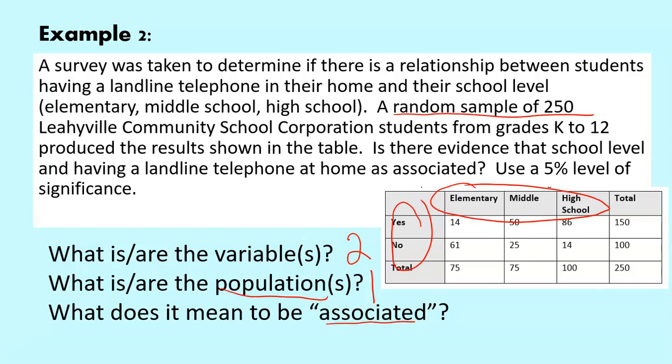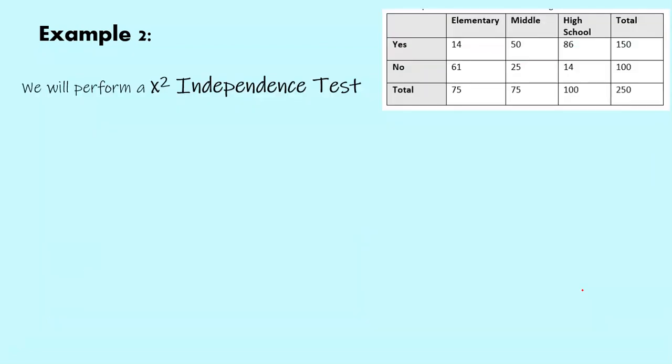For example, maybe you're more likely to be a high school student if I know that you have a landline telephone at home, or maybe not. So associated means dependent in this case. Are these dependent or are these independent? So we're going to do a chi-squared test for independence.